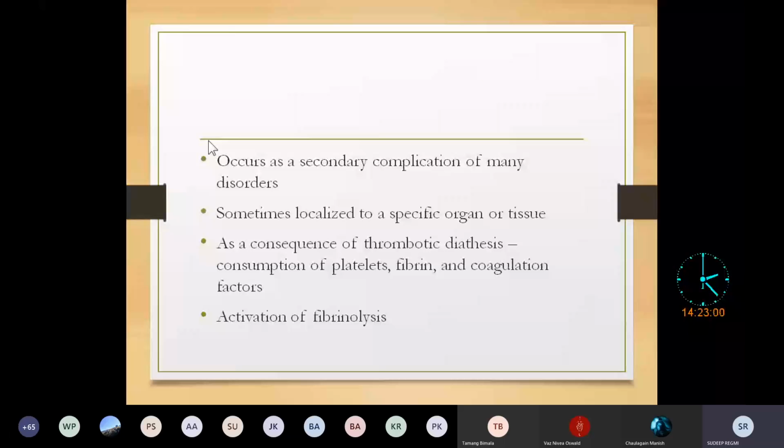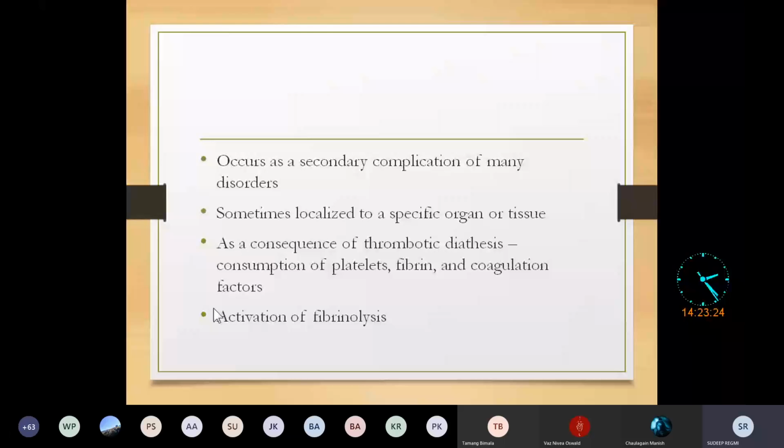And ultimately, due to the presence of these fibrin thrombi, there will be activation of the fibrinolysis, because body knows that now coagulation is taking place in an abnormal location at an abnormal time.